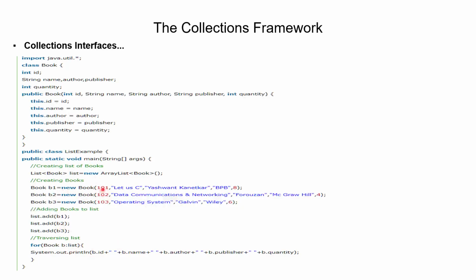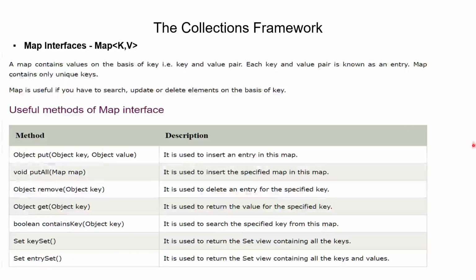If we're just pointing to B2 in this for loop, it would output ID as 101, and we'll see the author, the publisher, and the quantity all right here. This is a really good example. You can pick this up quite easily, so possibly think about keying this in and running through it.